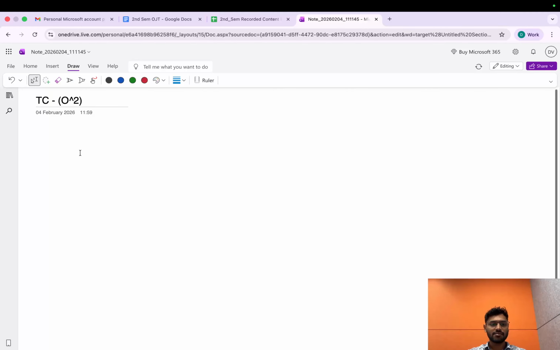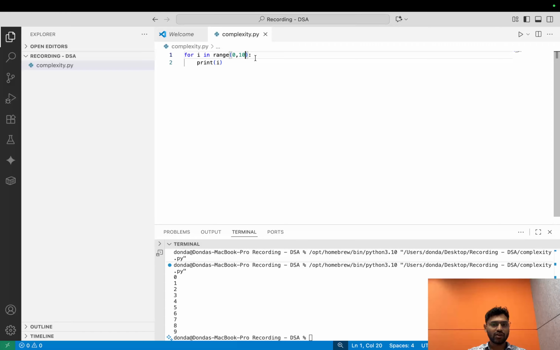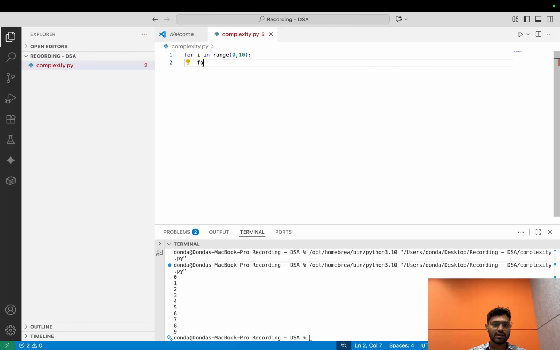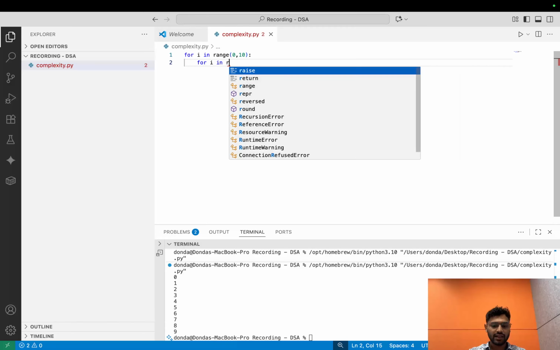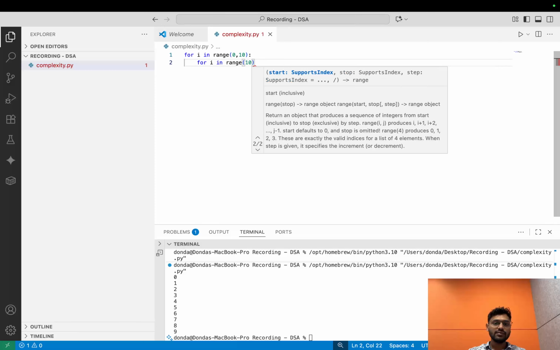Guys, it's going to be very simple. What I'm going to do is write here the complexity of this is big O of n. You all know this. And what I am doing is writing one more for loop, for i in range 10. Let's make it simple.